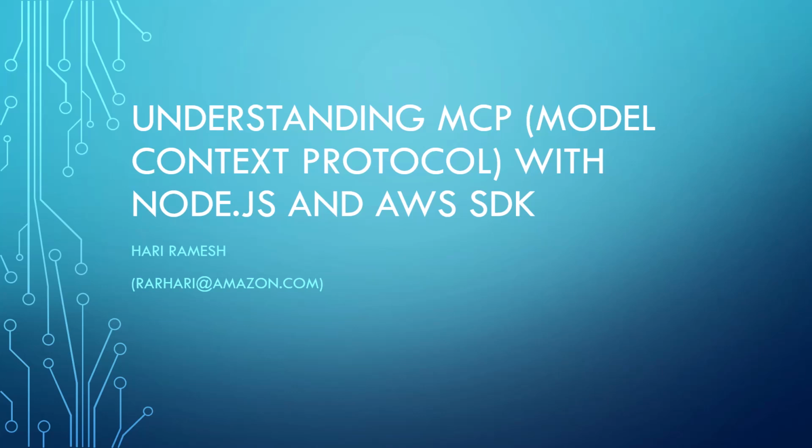So in this tutorial, you will learn how to create an MCP server, run it locally, and at the same time access AWS resources. In our example, we will access AWS RDS services like a Postgres database.